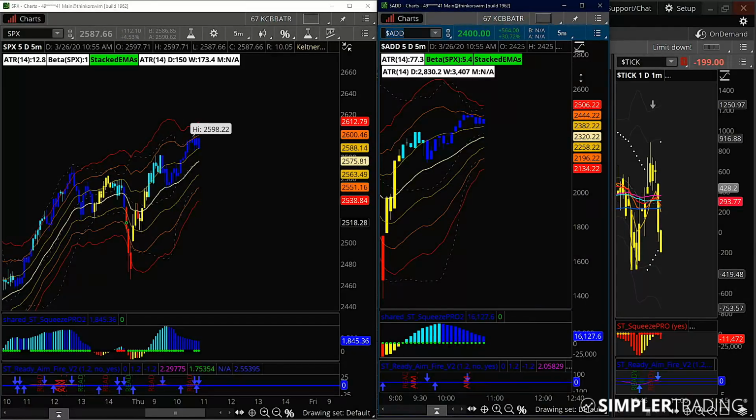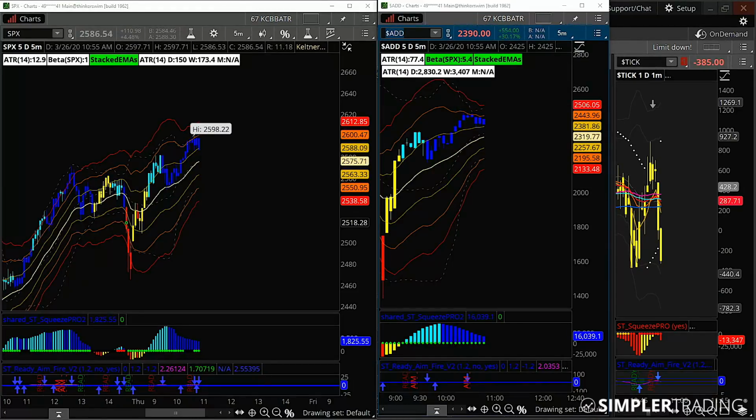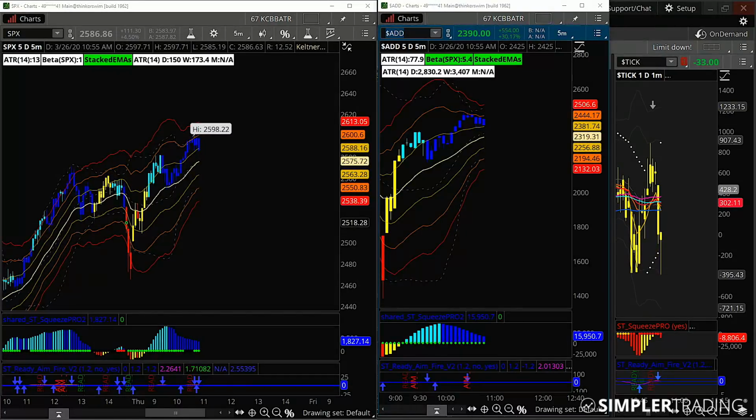Right now, this is actually pretty healthy for the bulls. It's basically a free indicator. You can do this through any of the platforms. It's just advancing minus declining.